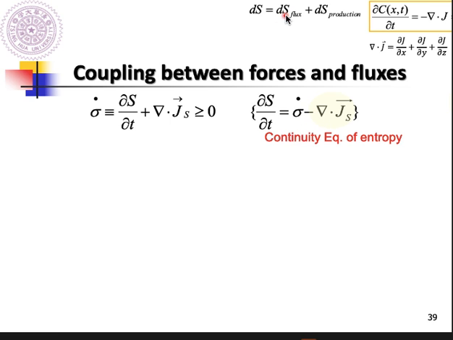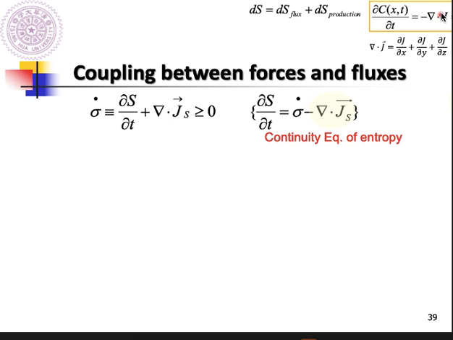And also, if you take the partial of this term, partial S flux over partial t, you can consider it as the negative divergence of entropy flux. This concept is similar to when we mentioned the continuity equation in the previous slide.